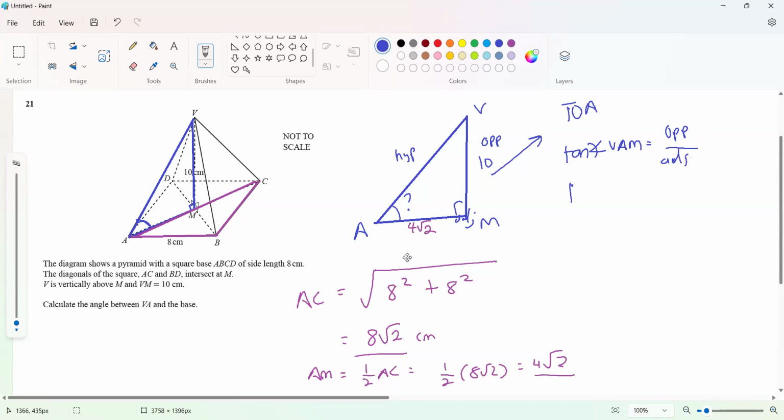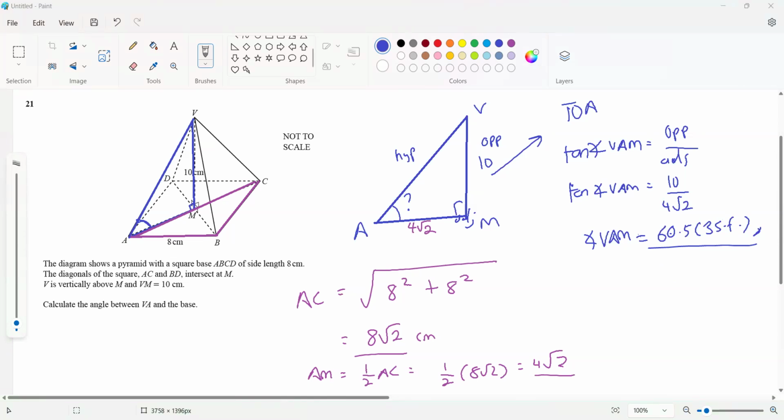So tangent of angle BAM is 10 over 4 root 2. I'm just going to shift tan and I'll get my answer. So we take shift tan of 10 over 4 root 2, and that would give us 60.5 degrees, correct to 3 significant figures. And that is for question 21.